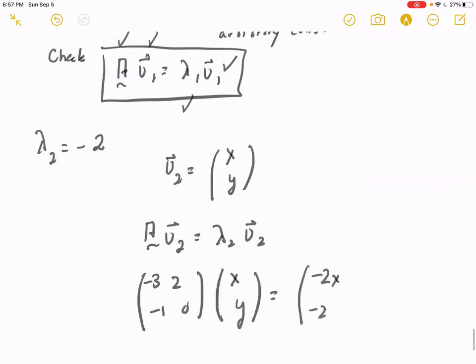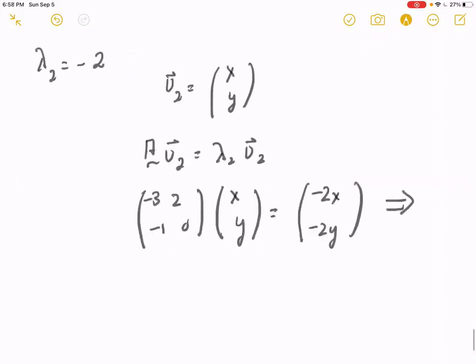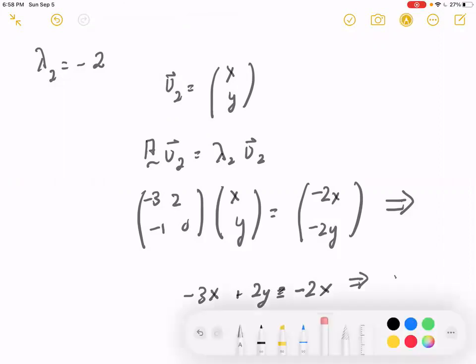And this should break down into two separate equations. Once I multiply those matrices out, minus 3x plus 2y equals minus 2x, and minus x should equal minus 2y.